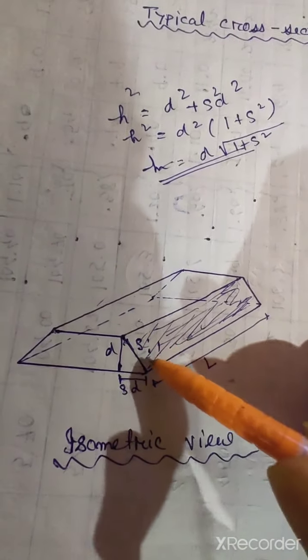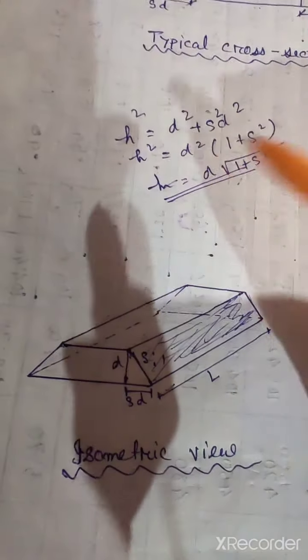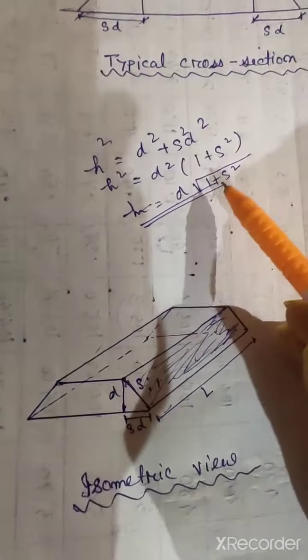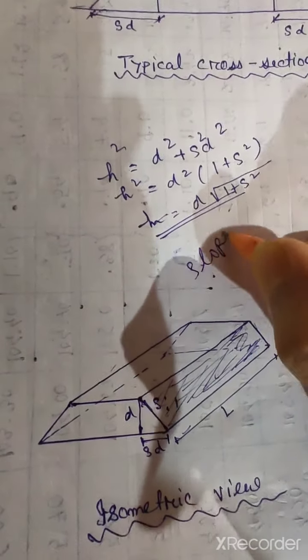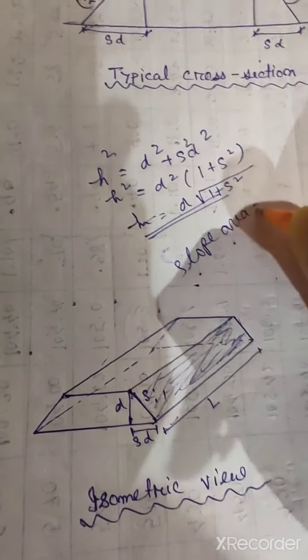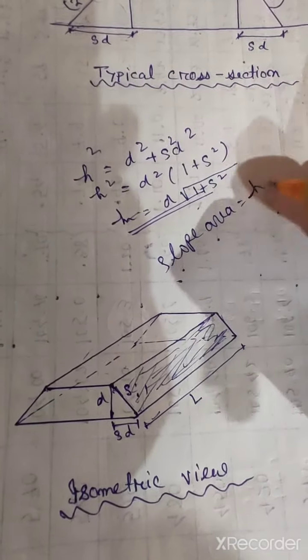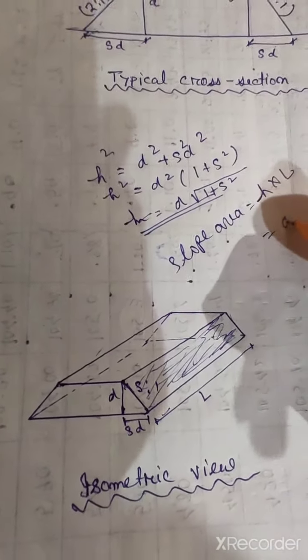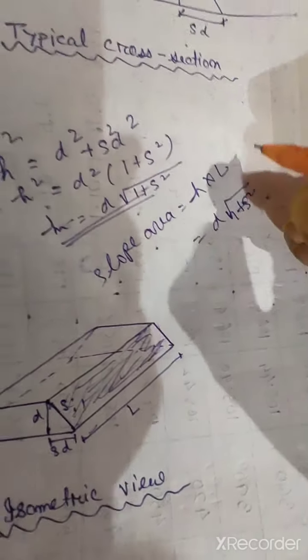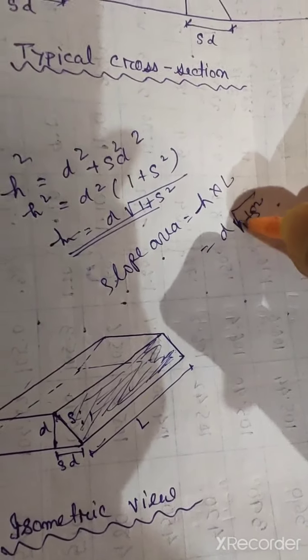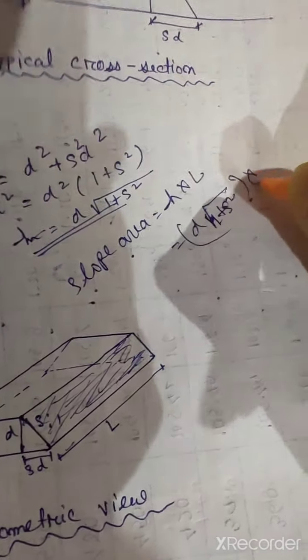Length is h and breadth is L. What is h? h is d into root over 1 plus s square. So total slope area on one side will be h into L, which is d into root over 1 plus s square into L. This is the slope area of one side.